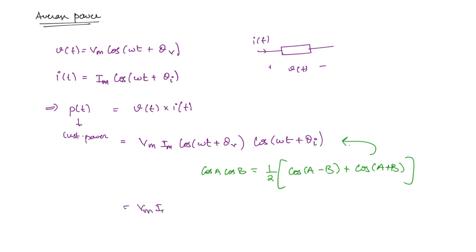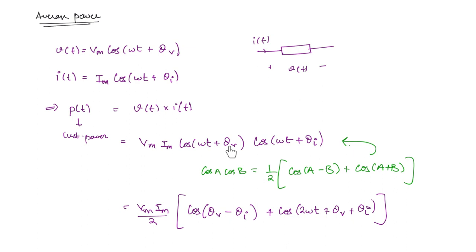V_m I_m by 2 [cos(theta_v minus theta_i) plus cos(2 omega t plus theta_v plus theta_i)]. What we did here, omega t plus theta_v we took as A, omega t plus theta_i we took as B. So A minus B, omega t is cancelled, you're going to get theta_v minus theta_i. A plus B will be the sum of both of them. So you have this term here.